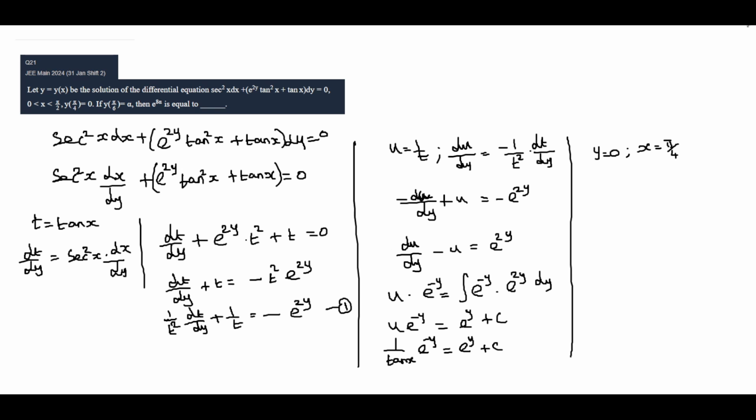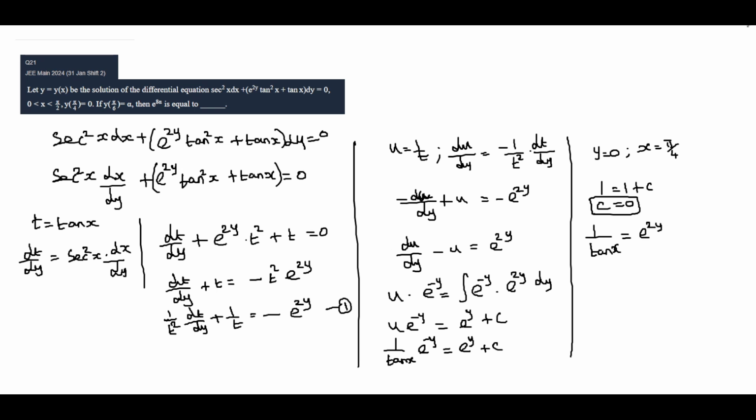So x equal to pi by 4, y equal to 0 means 1 equal to 1 plus c, so c equal to 0. So 1 by tan x, moving e power minus y to the right side, you get e power 2y.